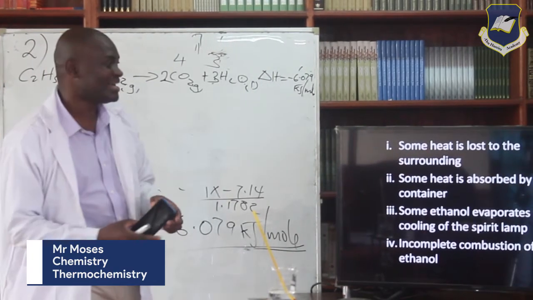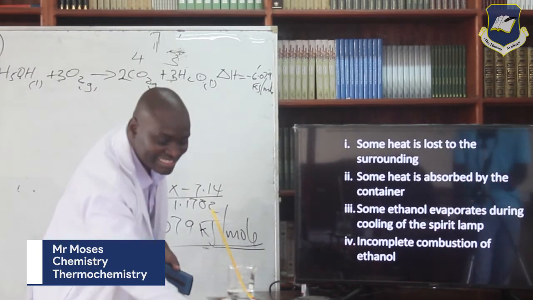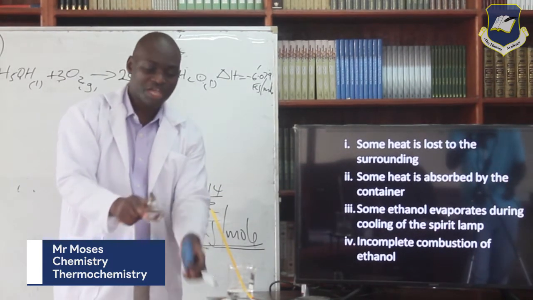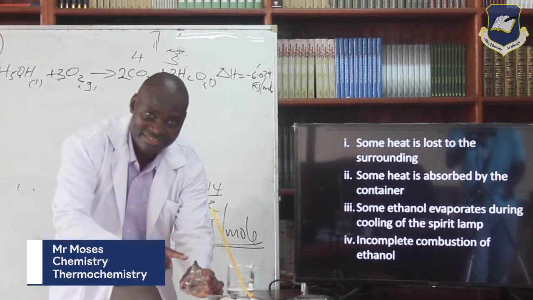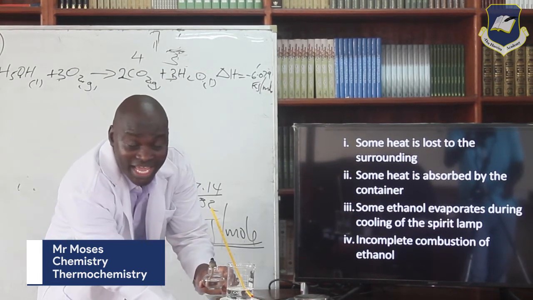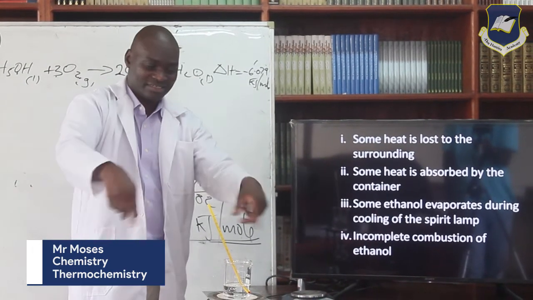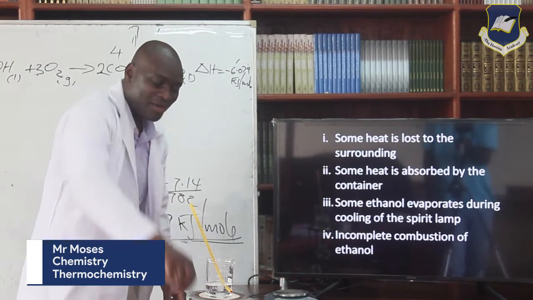One source of error is loss of heat to the surrounding. Remember, we were just burning this thing, and we are not sure whether all the heat from the ethanol that was burning was transferred to the water. So some heat energy got lost in the surrounding air.